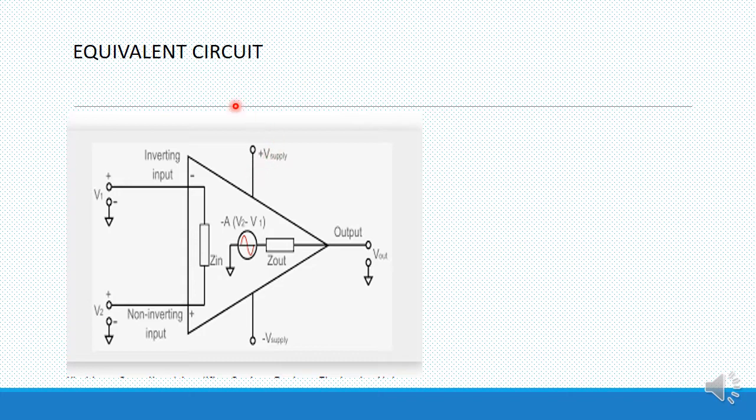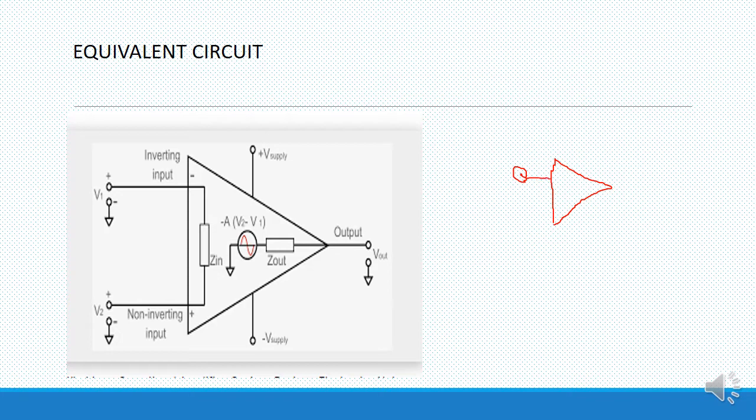So this is nothing but the equivalent circuit of the operational amplifier. Here you see, all of you know what this is. This is the symbol of the operational amplifier, like this arrow mark, and it has two inputs and one output. Till now we studied the symbol of the operational amplifier.